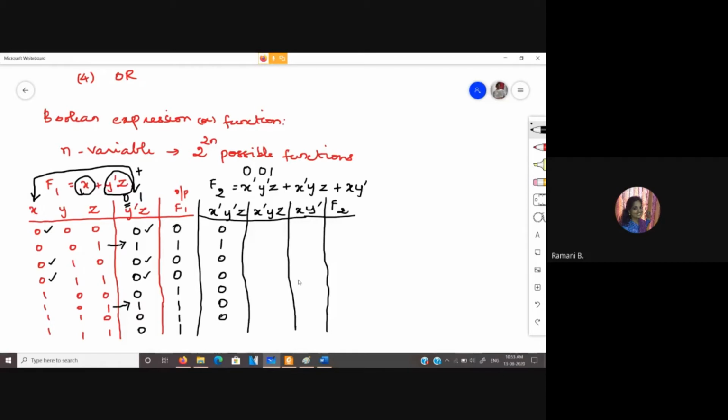Because that is the only place you are going to have this condition satisfied. Similarly, for x bar, y, z, you should have the value of x to be 0, y to be 1 and z to be 1. So other places it is a 0. So 0, 1, 1. Here it is a 1. All the other cases it is a 0.